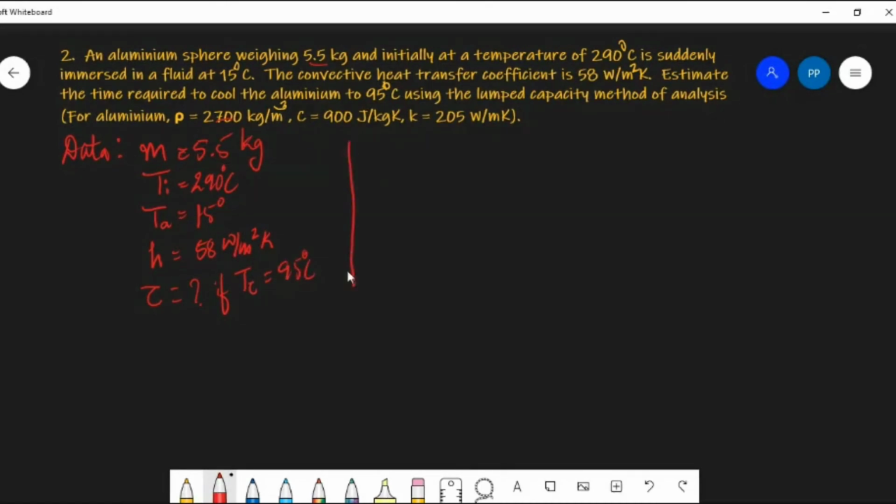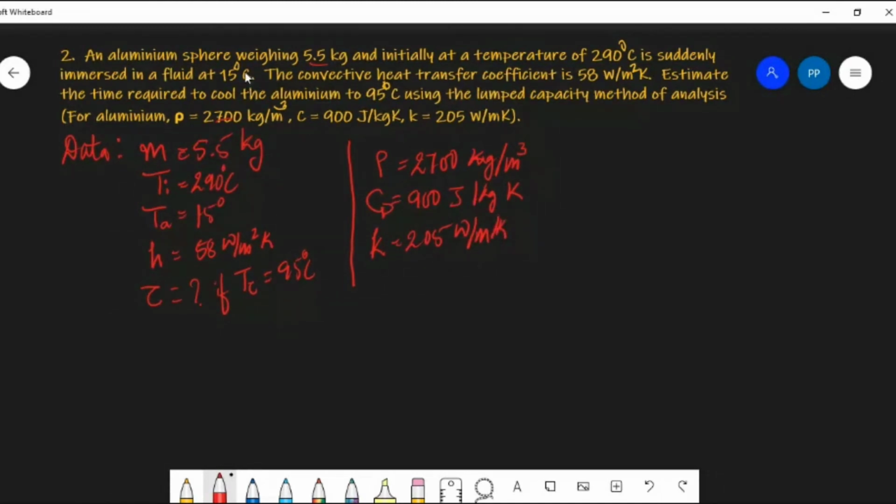Here I have given the properties of aluminum: density is 2700 kg per meter cube, specific heat, which is Cp or C, you can call it Cp, is 900 joule per kg Kelvin, and thermal conductivity is 205 watt per meter Kelvin.